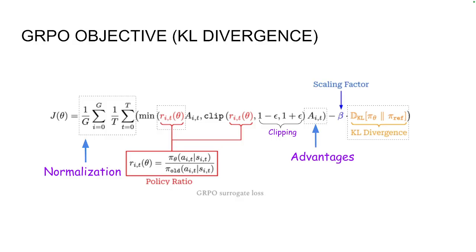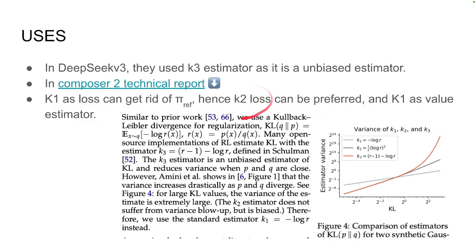Many papers like DAPO and Dr. GRPO remove this KL divergence because they want the model to stray away from the reference policy, or the policy they started training on. But if you are using KL divergence, use K1 as your regularization estimator and K2 as a loss.